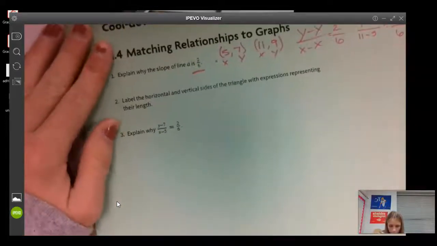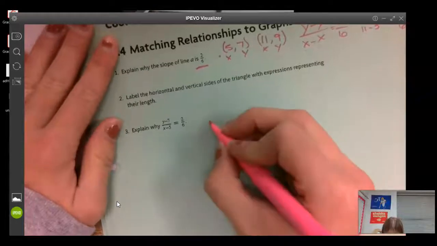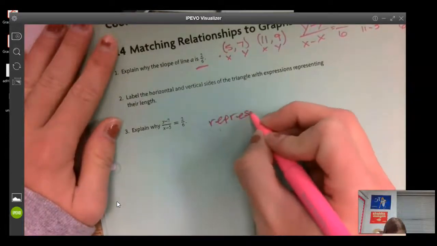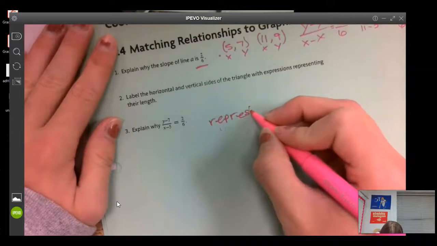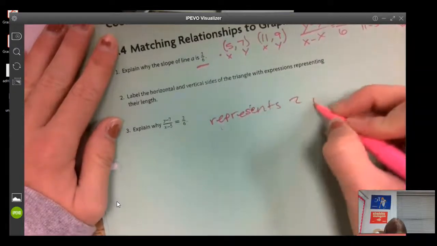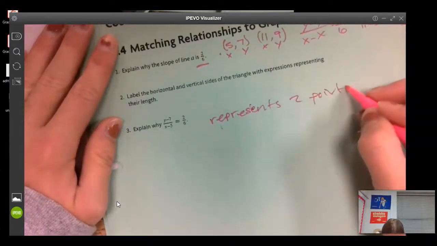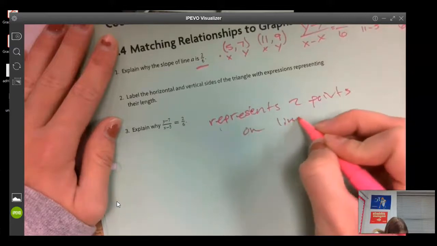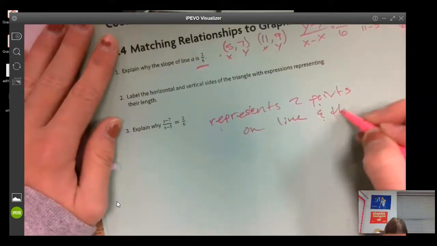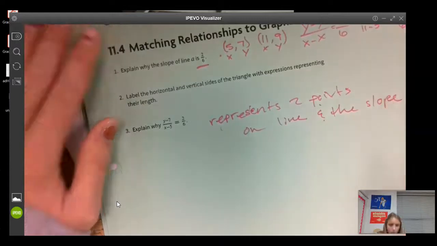And then it says explain why this is true. Well, it represents 2 points on the line and the slope. So it has all the information we need. So that's why it is true.